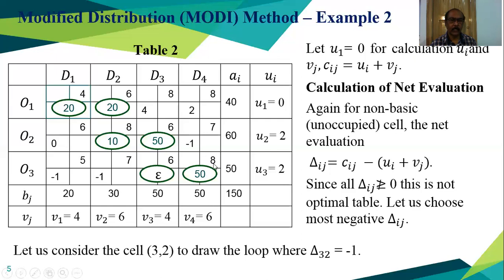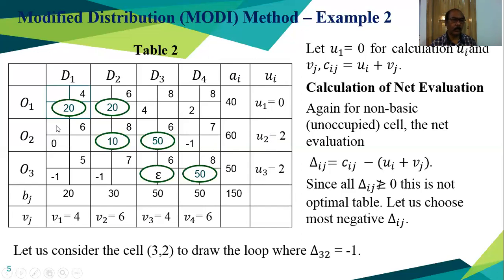So 8 minus 2 is equal to 6. So V4 is equal to 6. Now we got all Ui. U1 equal to 0, U2 is equal to 2, and U3 is equal to 2. And V1 is equal to 4, V2 is equal to 6, V3 is equal to 4, and V4 is equal to 6. We got all Ui and Vj.